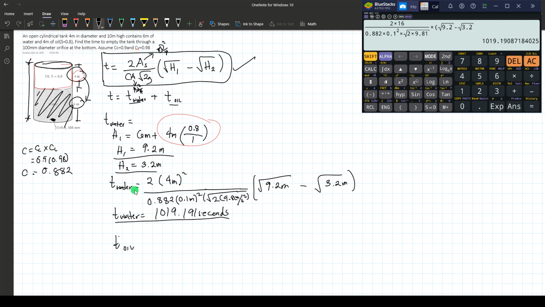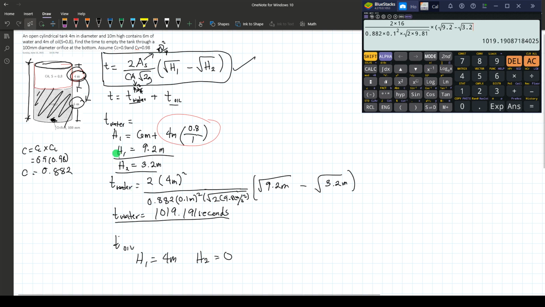For the oil, our H1 is, since the remaining liquid is oil, we can now use its height, its head, which is 4 meters, and H2 is 0.